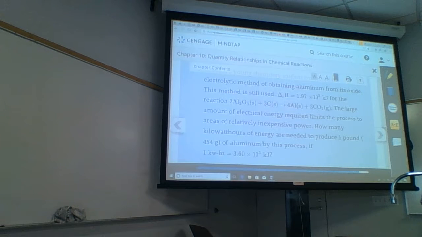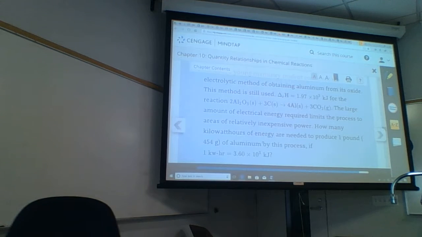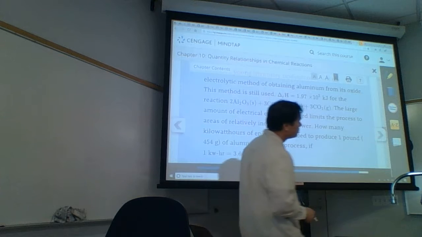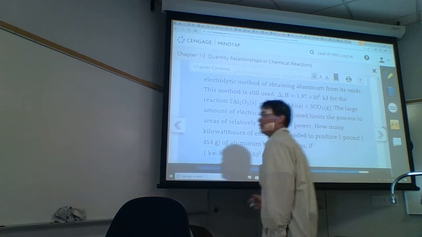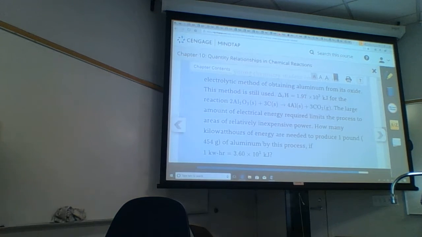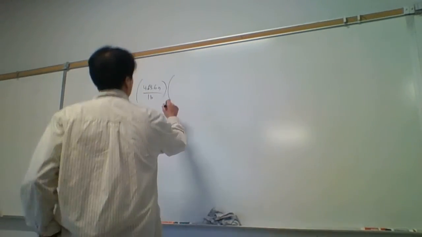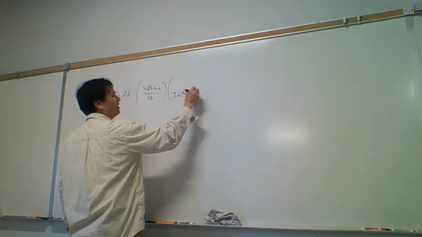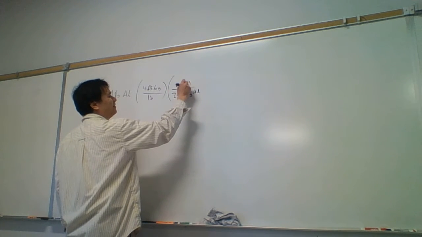And then our delta H there, actually we need to go to moles. What's the molar mass of aluminum? 26.98. So this is just dimensional analysis. 26.98 grams of aluminum for every mole of aluminum.